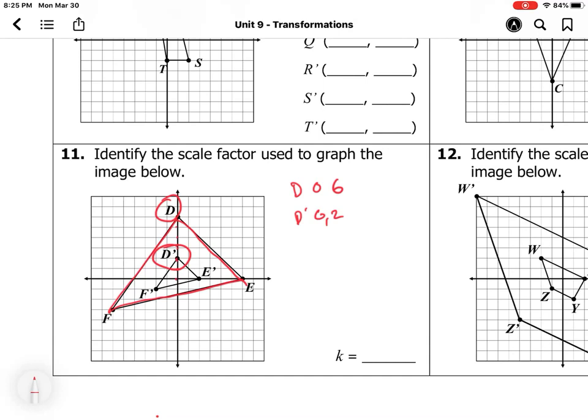So we should expect our scale factor to be less than 1. If we do image over pre-image, that means we have 2 over 6. We simplify that to 1 over 3. 1 over 3 represents a reduction. The pre-image does get reduced to a smaller image. Not that difficult, not that crazy.